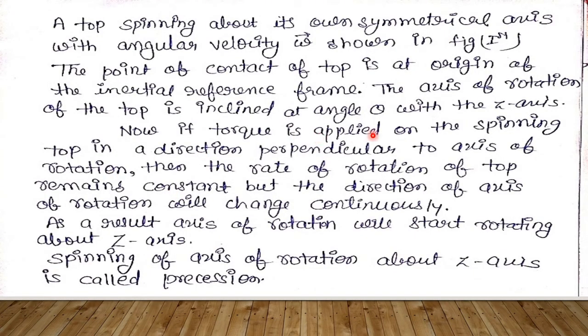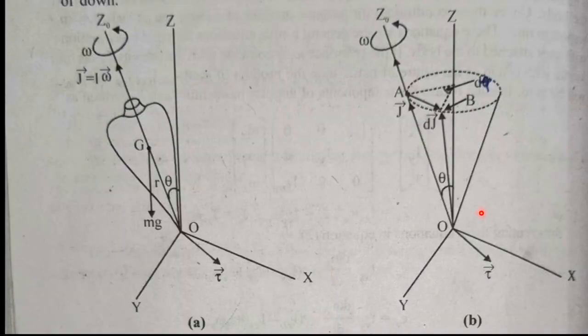Now if a torque is applied on the spinning top in a direction perpendicular to the axis of rotation, then the rate of rotation of the top remains constant, but the direction of the axis of rotation will change continuously. As a result, the axis of rotation will start rotating about the z axis. This rotation of the axis of rotation about the z axis is called precession.